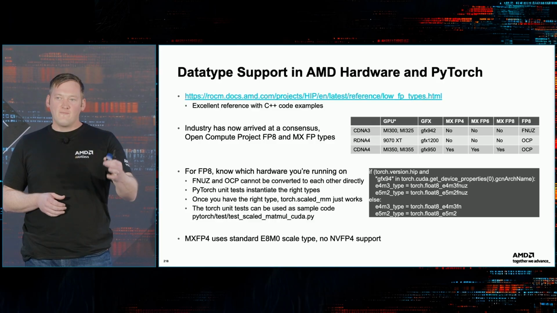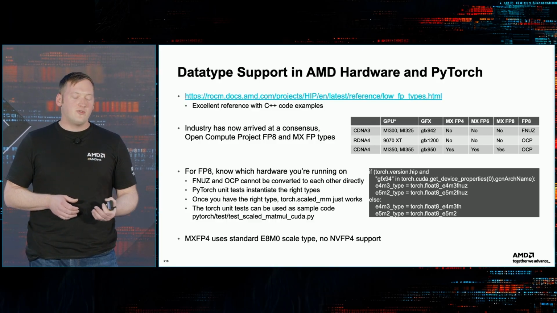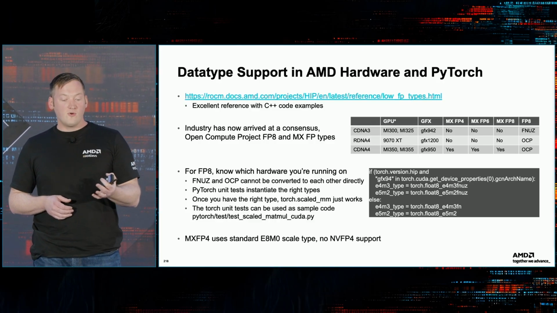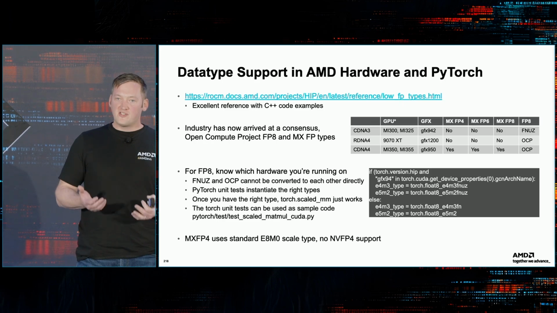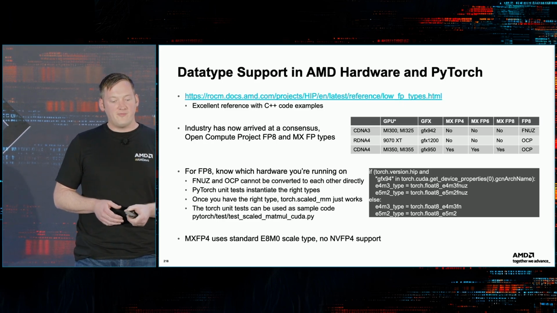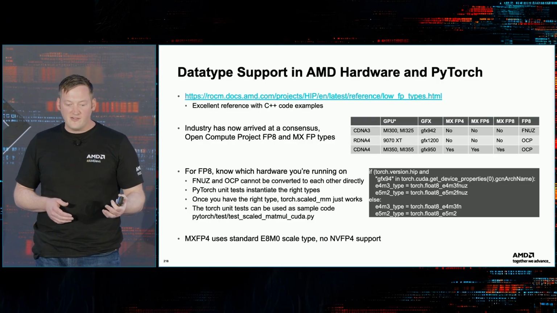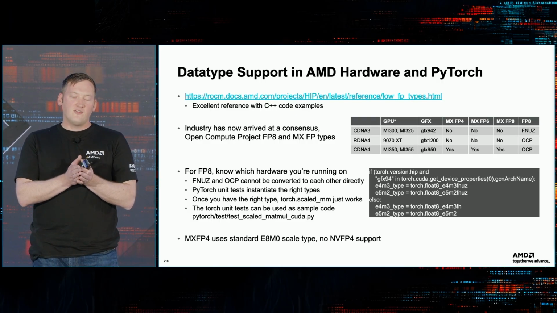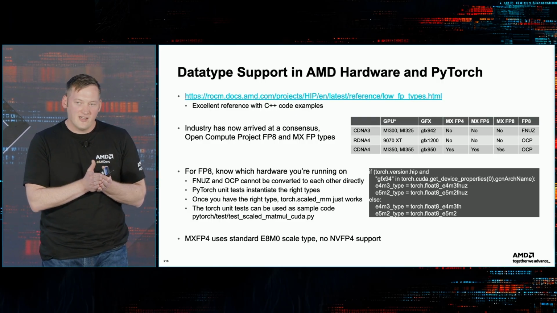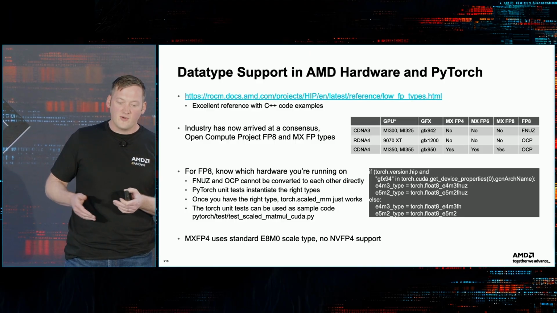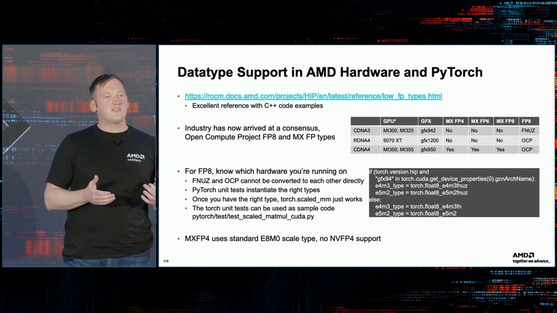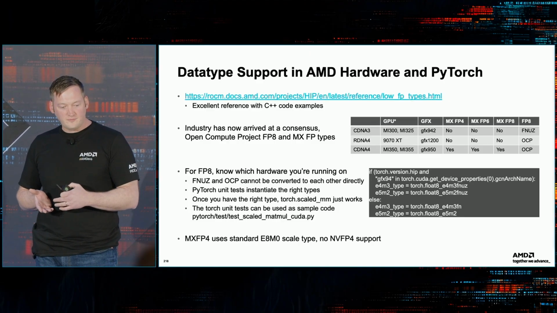And you can see that in the history of our GPUs as we release them. RDNA 4 now adds support for the OCP data type for FP8. And then moving forward with CDNA 4, the MI355 series, the OCP standards body has now added the MX data types as well. So this is our first AMD hardware that supports all of these data types.